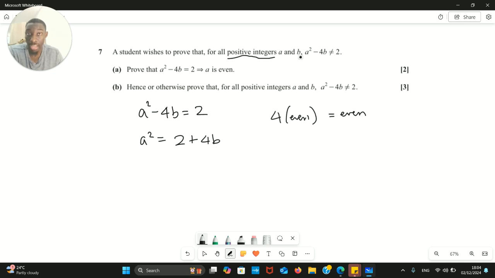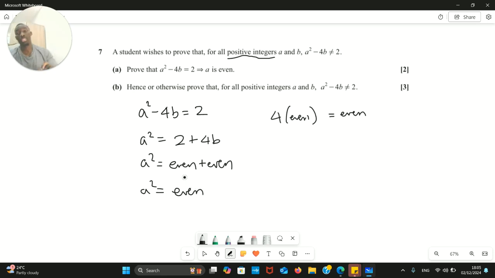Remember b is a positive integer, so it has to be a positive number greater than 0. It could be 2, it could be 4, etcetera. So that means my a squared is going to be even, because an even plus any positive b times 4 is going to be even, therefore a squared is even.